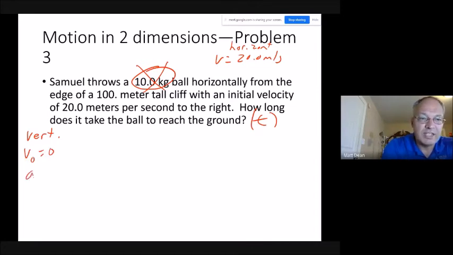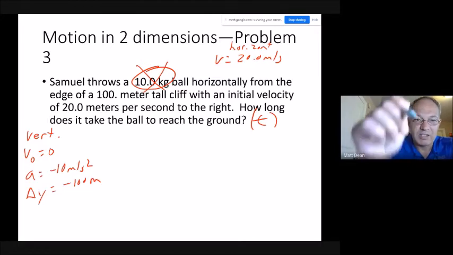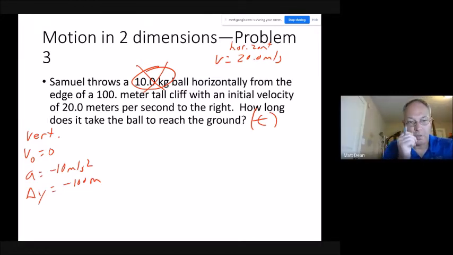As soon as it leaves his hand, it begins to accelerate at the acceleration due to gravity. And this thing's going to have to go a vertical displacement to get to the ground of negative 100 meters. Remember, it's got to be negative because it's going down. It's falling.